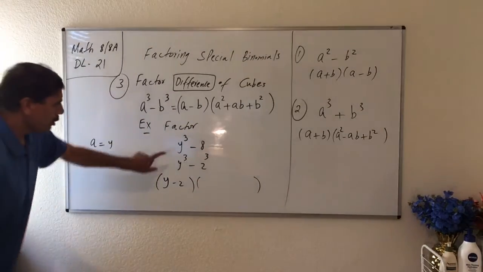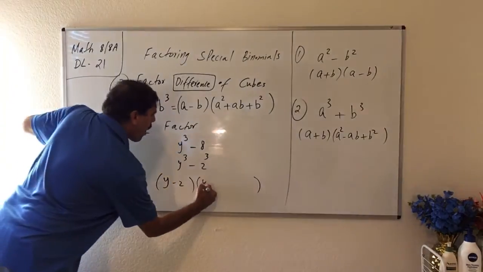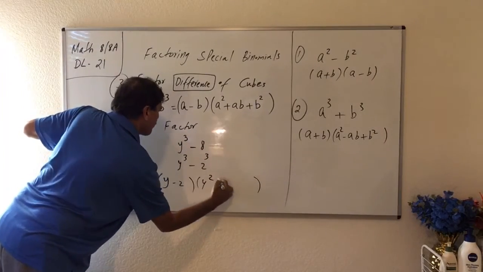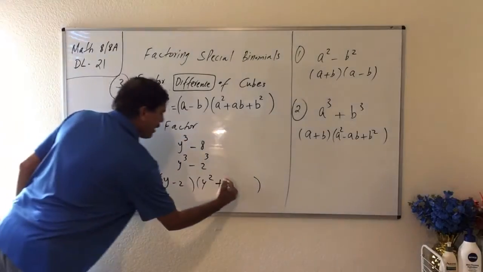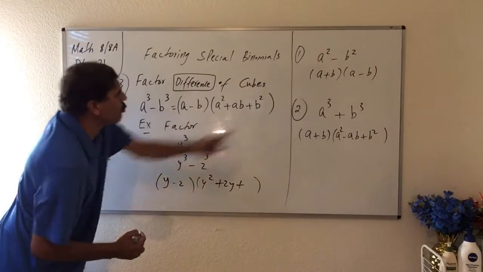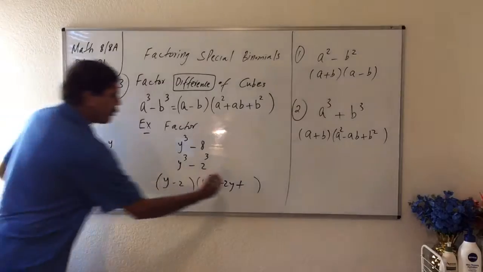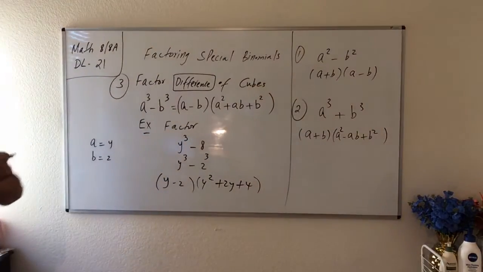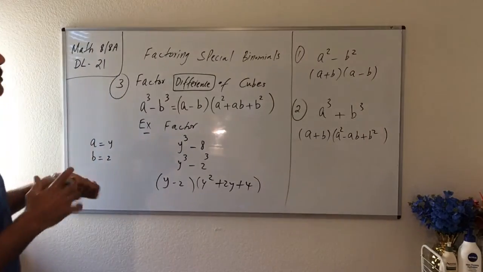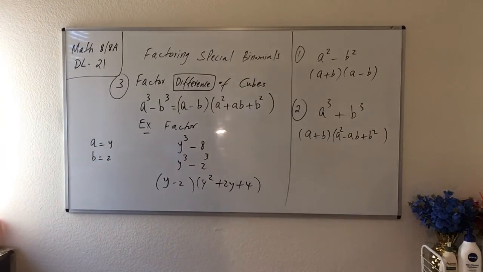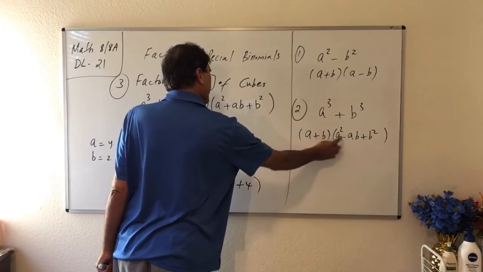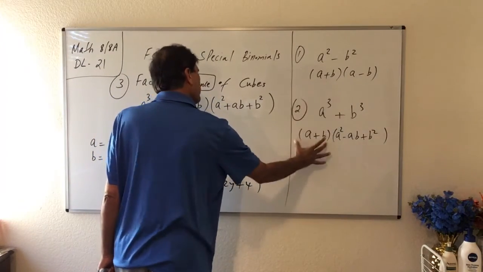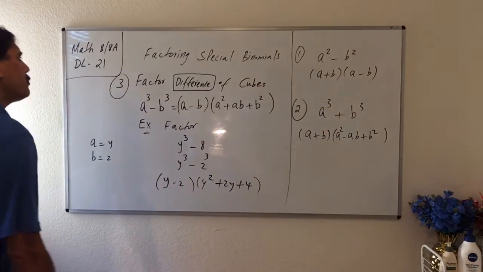The square of the first, y squared, plus, and multiply these two, ab, which means multiply 2 times y, so 2y. b squared, b equals 2, so 2 squared is 4. And that's the answer. Very similar; the only difference is we're finding the bases exactly the same way, but we're switching positive with negative and negative with positive. It's still going to be binomial times trinomial.